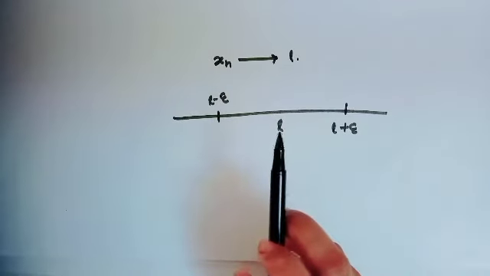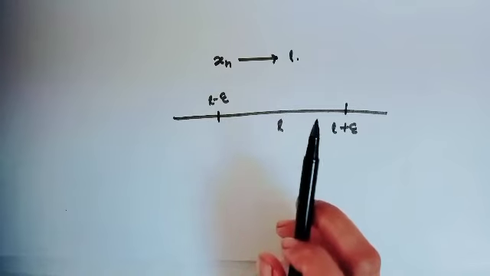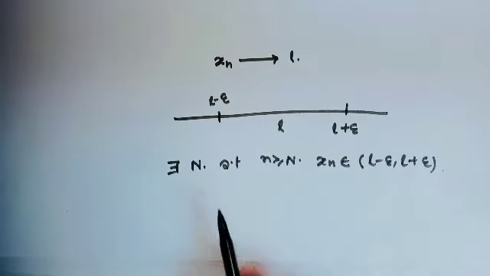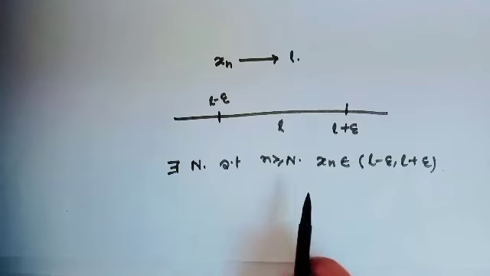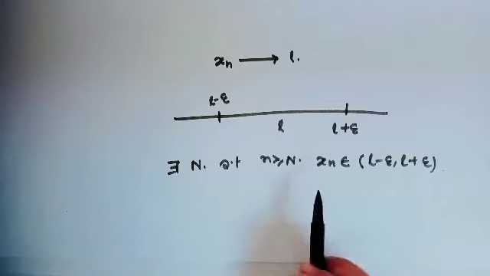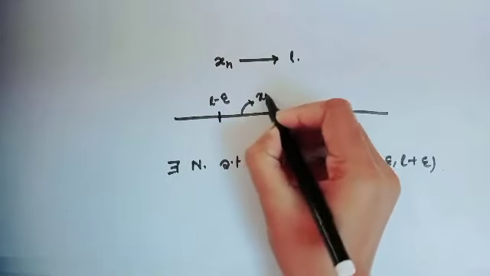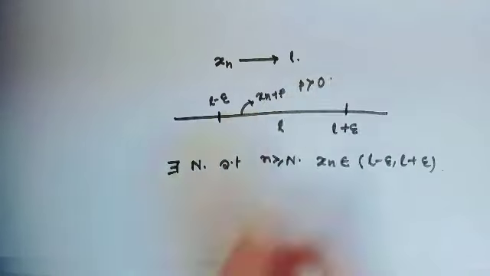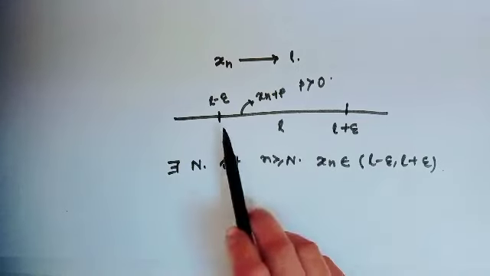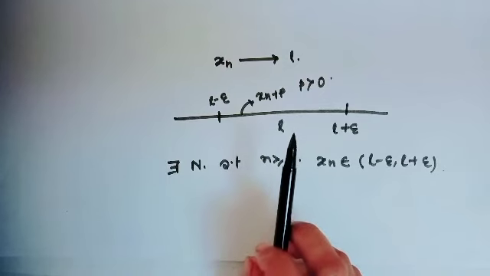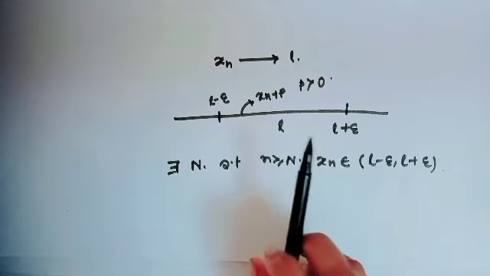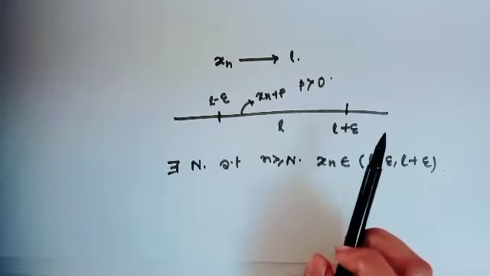So we can choose the arbitrary length of the interval. Then there exists an N stage such that after this N stage all members of the form xn plus p, where p is greater than 0, lie entirely in this region. Okay? This is the actual meaning of a convergent sequence mathematically.